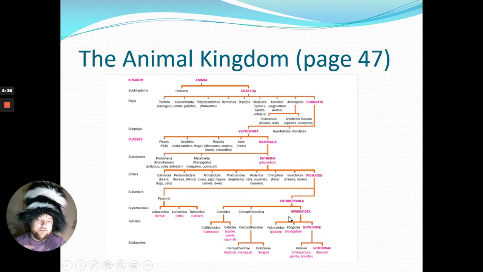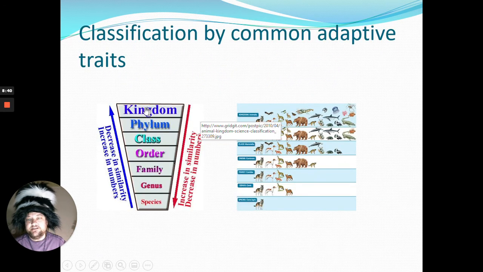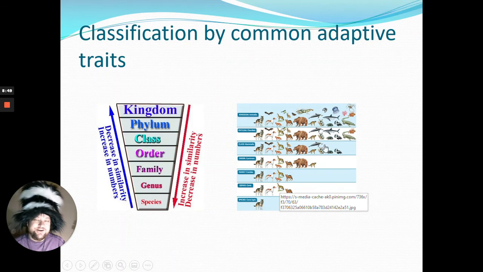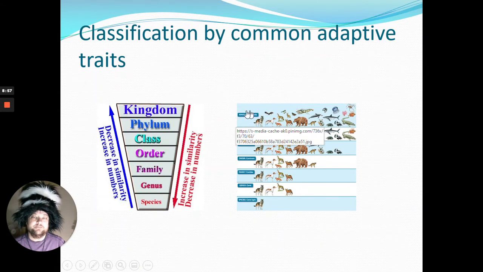it gets more and more, the relationships get closer and closer, and the closer the relationship, the more you have in common. So again, species, you have a lot in common, and this chart kind of shows, it's hard to see on here, but it's kingdom, Animalia, so the animal kingdom, and you have a lot of them in there because all the animals are in there.